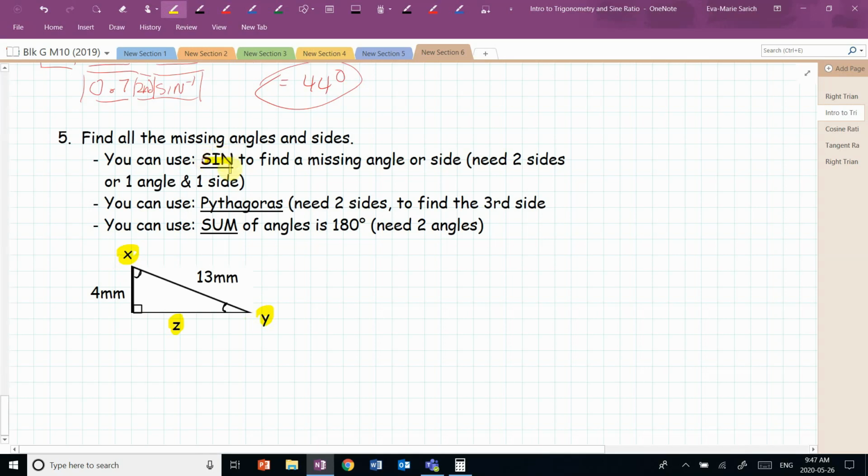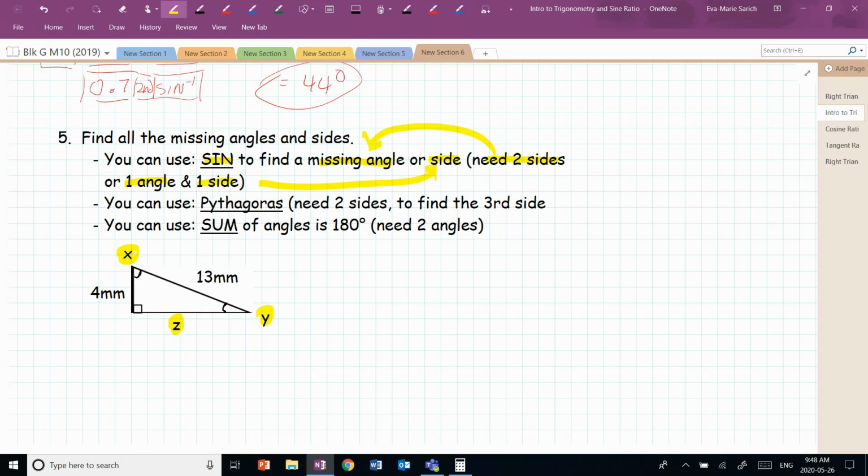So you can use sine to find a missing angle or a missing side. To find an angle, you need 2 sides, right? 2 sides gives you an angle. To find a side, you need an angle and 1 side to get the missing side, okay? So we have 2 sides so we can get an angle. We don't have 2 angles, so we can't use that one yet, okay?